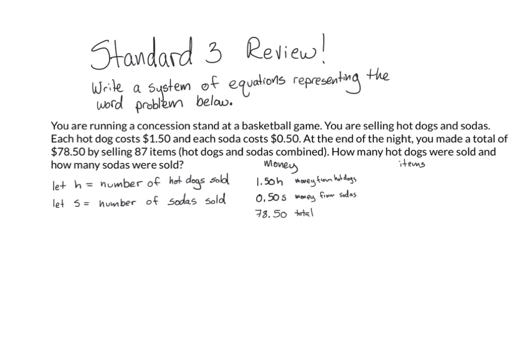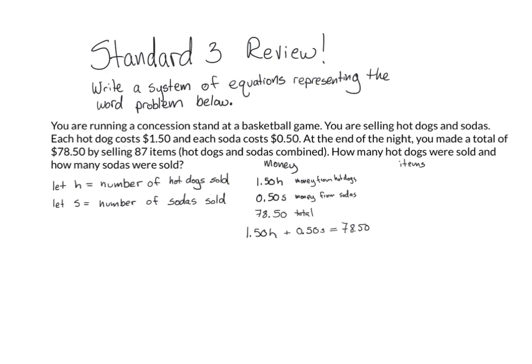Now I can construct my first equation for this system. I can say the amount of money brought in from hot dogs and the amount of money brought in from sodas is $78.50. Okay, that's our first equation. Our second equation is about the number of items.